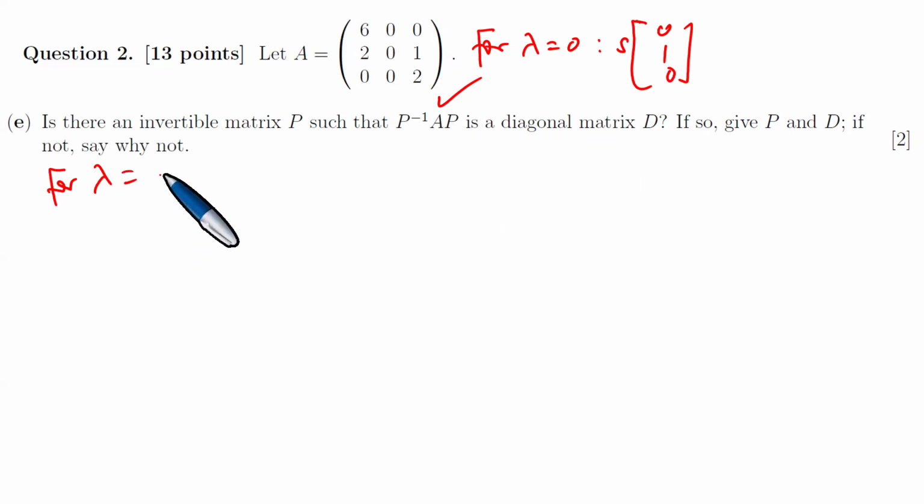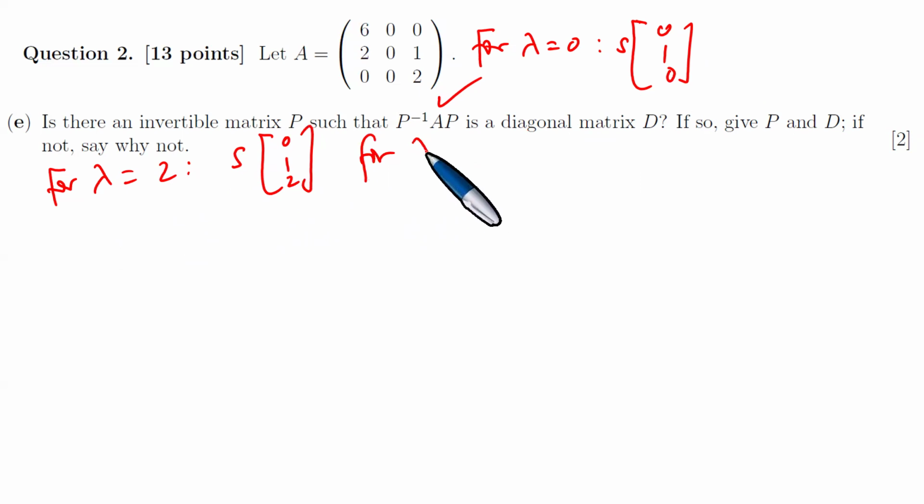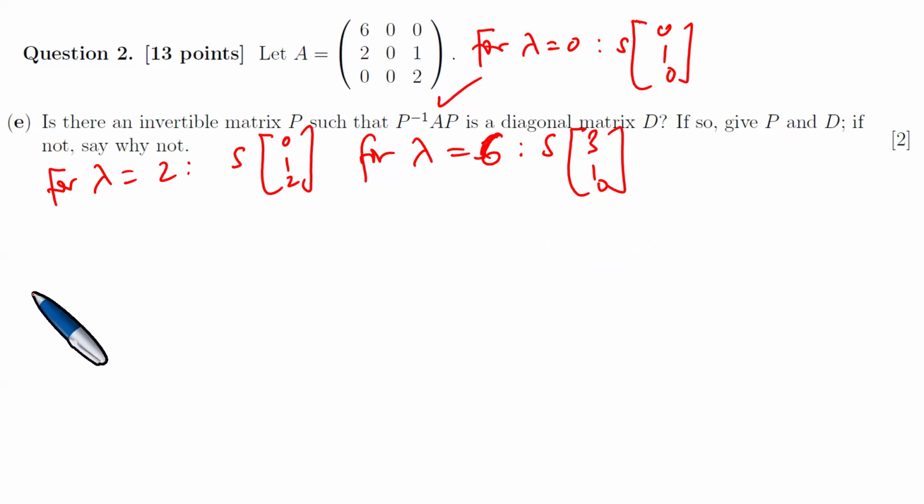For lambda equals 2, we got 0, 1, 2. For lambda equals 6, we got 3, 1, 0. Okay, so this is what we have.